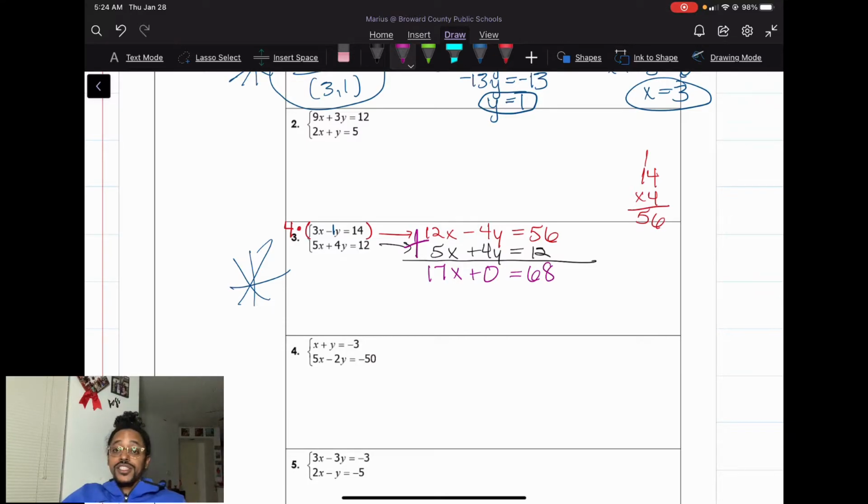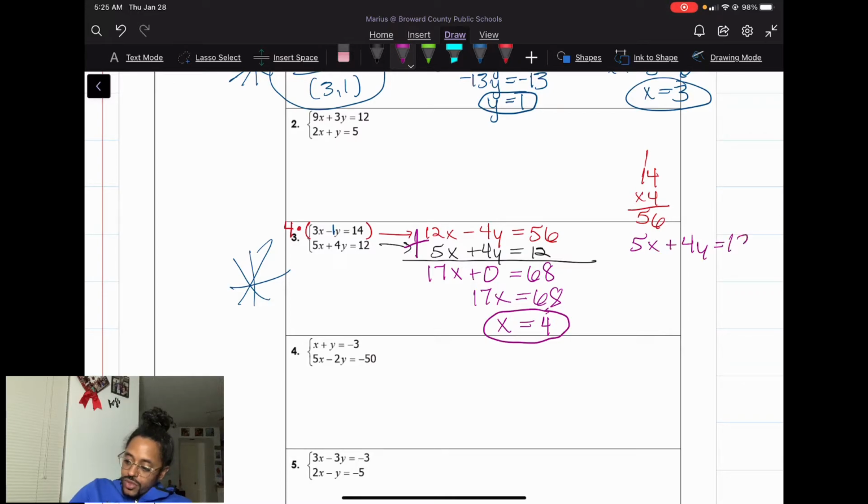Now, we just continue solving for x. So that becomes 17x equals 68. And we divide both sides by 17. 68 divided by 17 will equal 4. So x is equal to 4. Now we plug that back into one of the equations. I'm going to plug it into the second equation. So the second equation is 5x plus 4y equals 12.